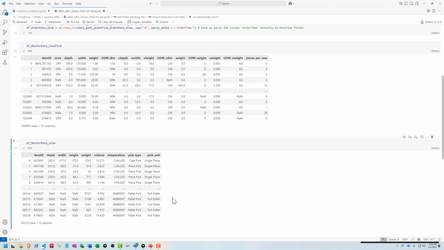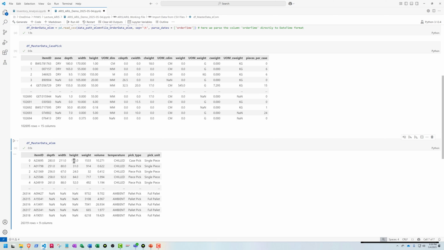Okay, so this looks very similar. We've got an item ID, we've got depth, width, height. By the way, if you're looking at a product, it's not obvious what is depth, what is width, and what is height, because you can hold or turn the product in different directions.